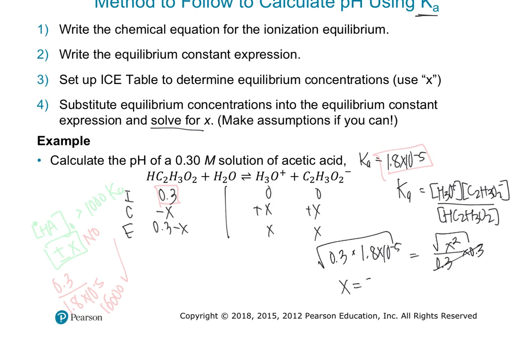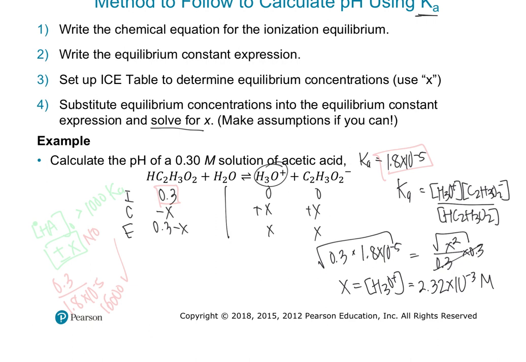So X, which is hydronium concentration, look at my products here, right, is 2.32 times 10 to the negative third molar.